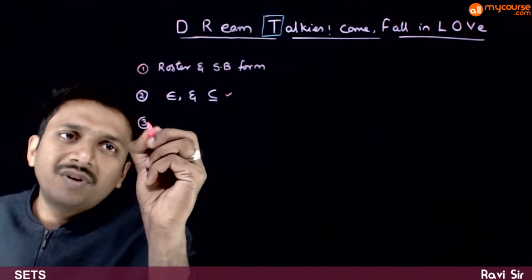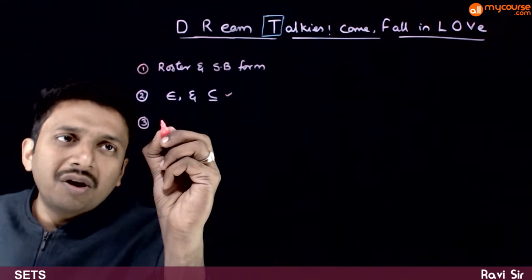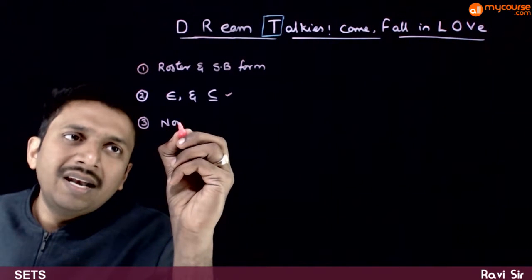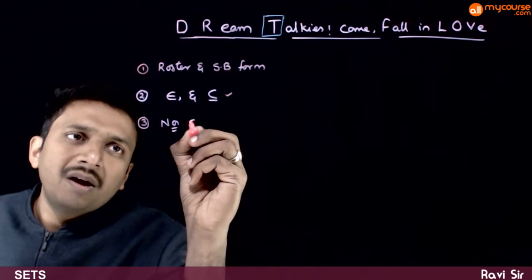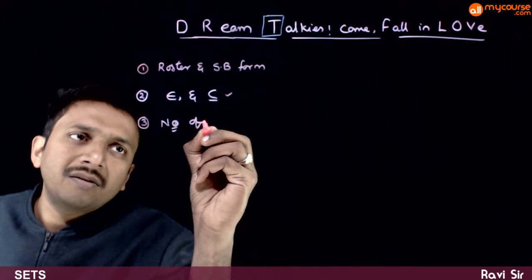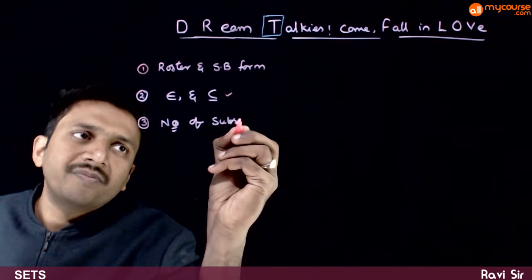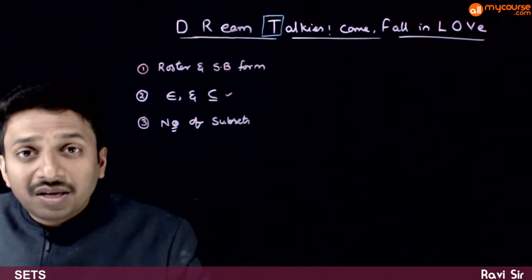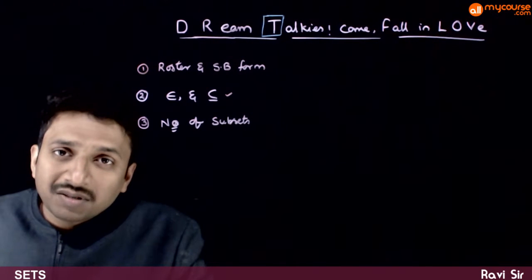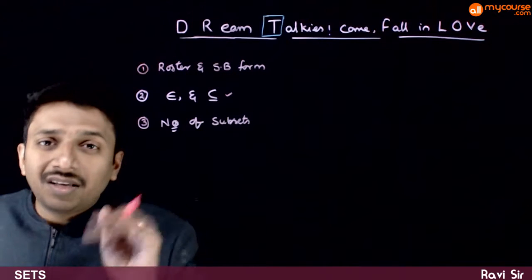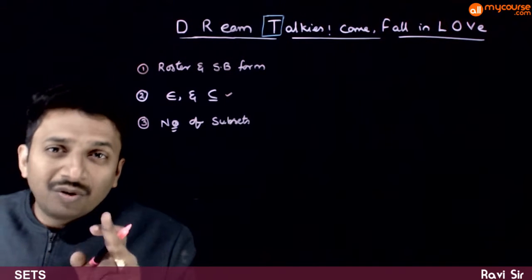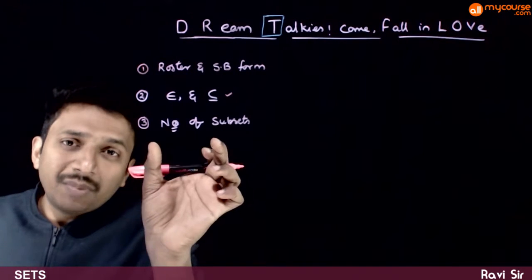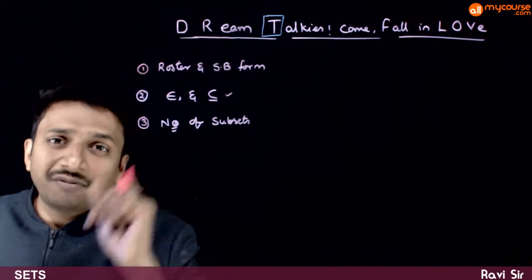And the third type of question is the question on the number of subsets. You might be asked questions based on the number of subsets. We have not done this in the terminology part because you'd have forgotten that. So the number of subsets, you have to remember this very carefully.